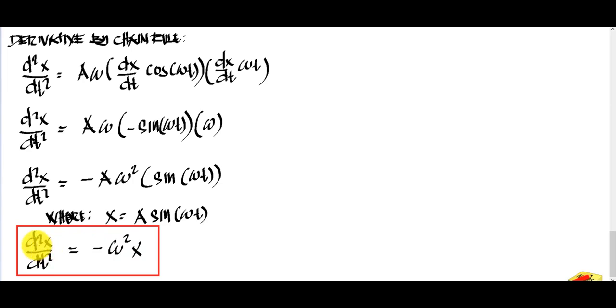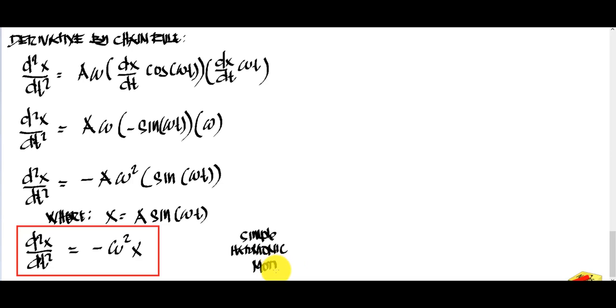Now such a vibration, where the acceleration is proportional to the displacement and directed toward its equilibrium position, is known as a simple harmonic motion.